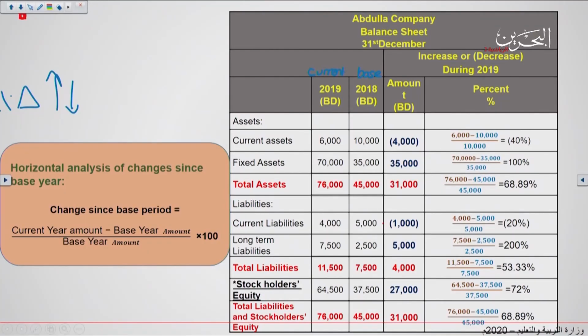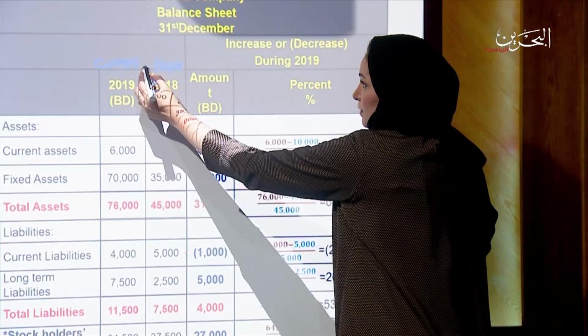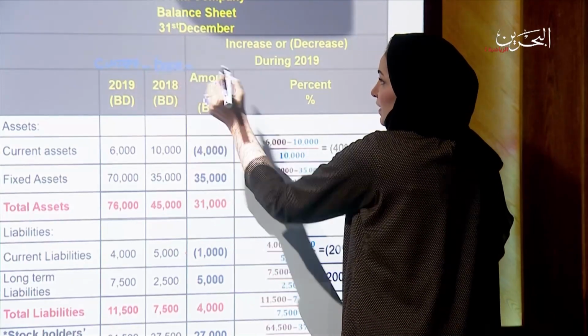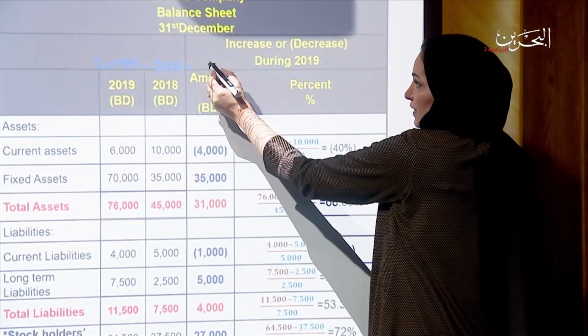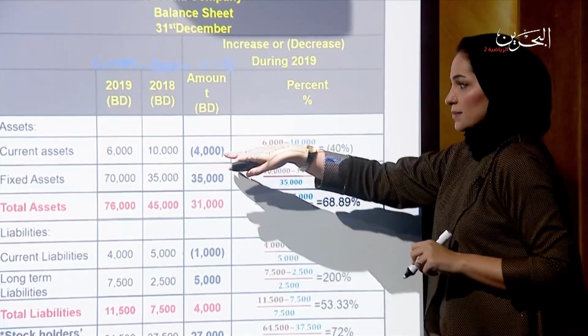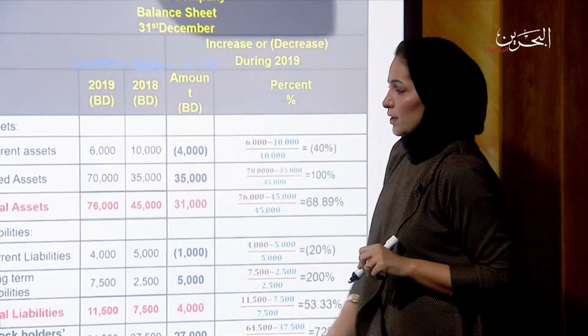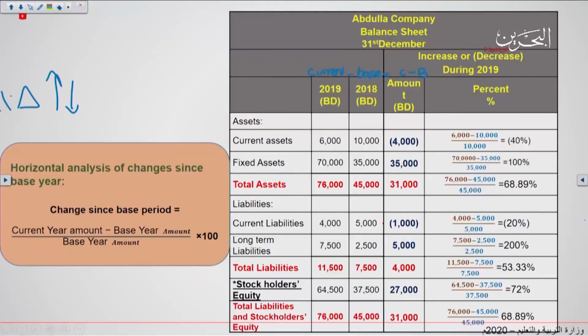Now the requirement is the amount and the percent. Let's calculate the amount first. The amount equals current year minus base year. Let's start with current assets. The current amount for 2019 is 6,000.